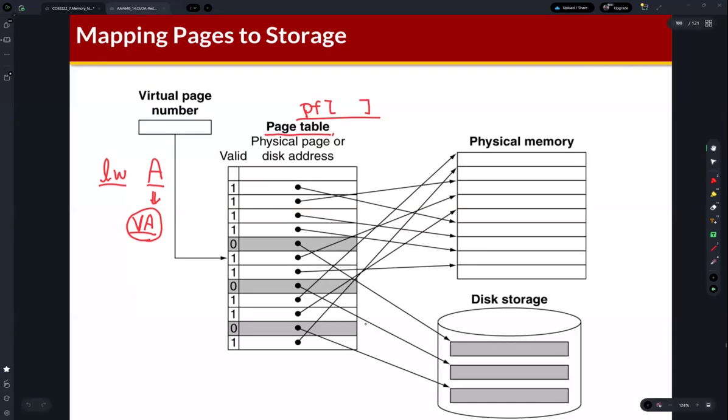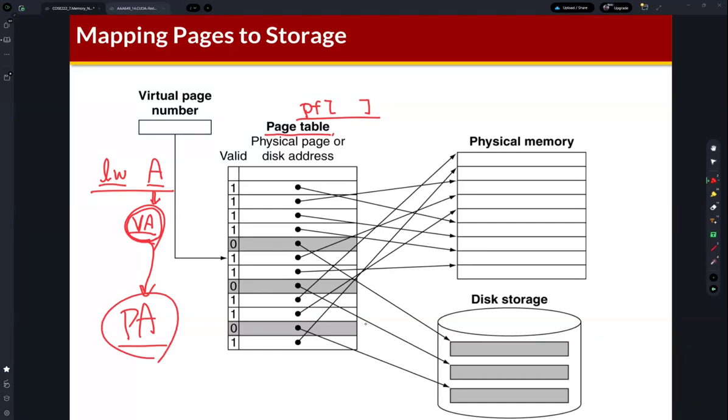So the problem is that when the load instruction is executed by the CPU, this is the virtual address, right? In order to access the real data in the real memory, this virtual address needs to be translated into the physical address.